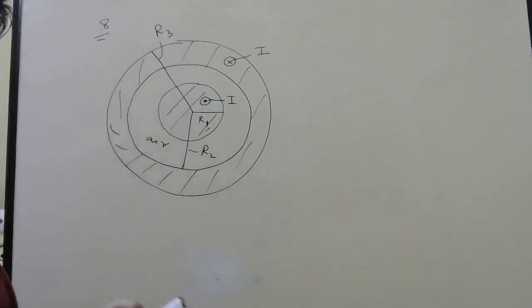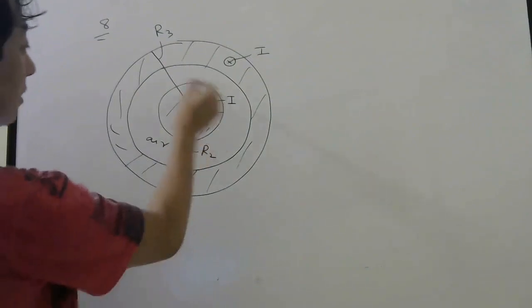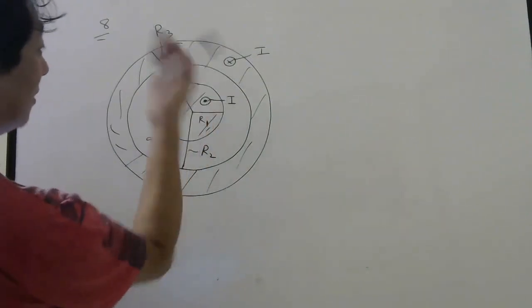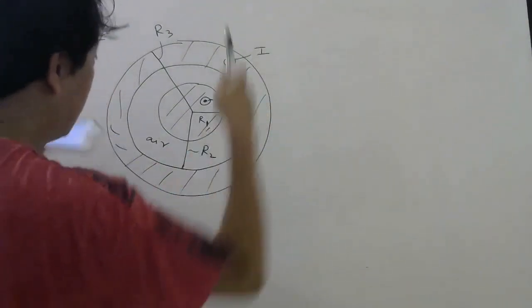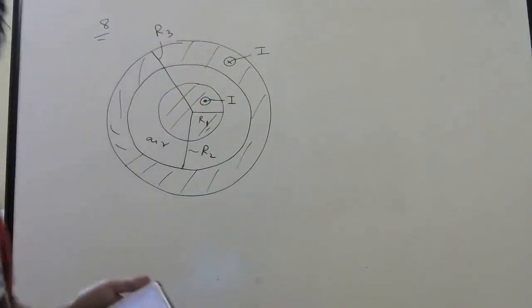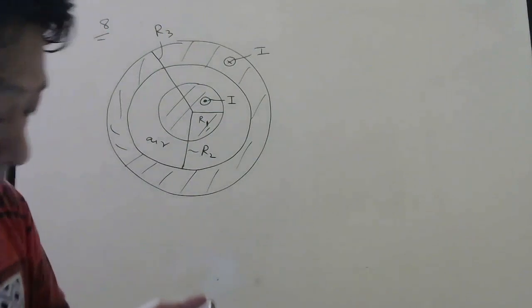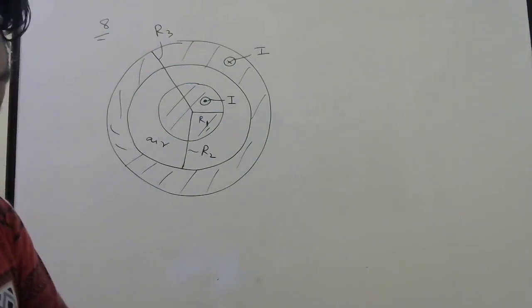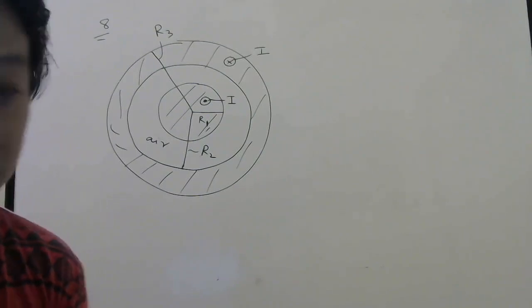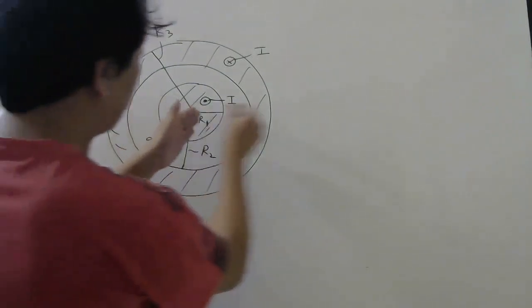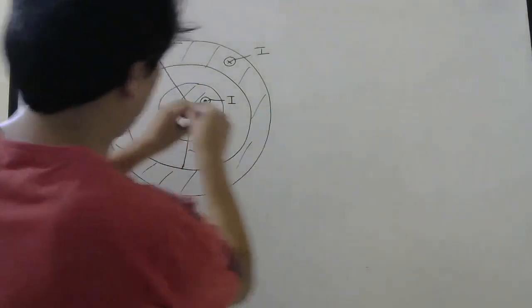Then they are saying the inner and outer conductors carry equal and opposite current. So if this conductor carries current I this way, the other conductor carries I the opposite way. They want the variation of magnetic field with distance from the axis, that is, how the magnetic field will vary as you go away from the axis.